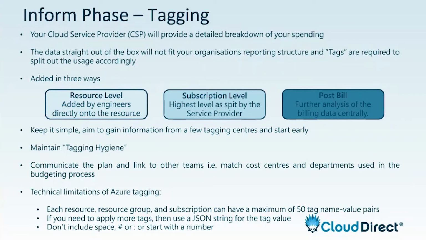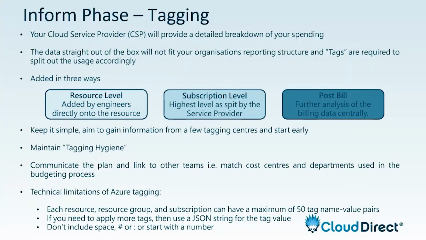So a key part of the inform phase is tagging. Tagging is going to be absolutely essential to the inform phase, as it allows us to see how our resources are going to be categorized. When you deploy your cloud environment, there will more than likely be little in the way of tagging out of the box, and any tagging you do have will be the remnants and leftovers from deployment or early maintenance that's been undertaken.